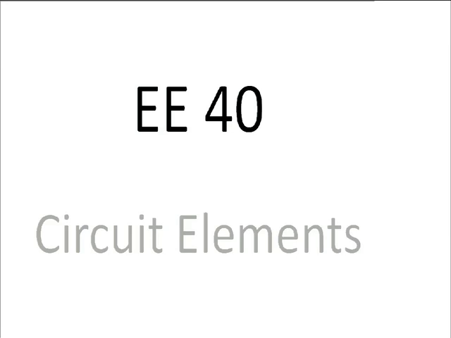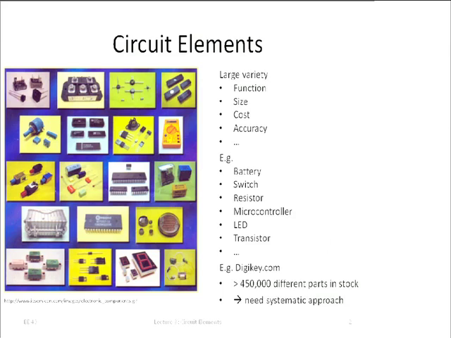One thing is that there is just an unbelievable number of circuit elements available. That's a vendor web page, and in fact another vendor that we're going to use for the project. From that vendor's DigiKey website, you can order almost 500,000 different parts, right?